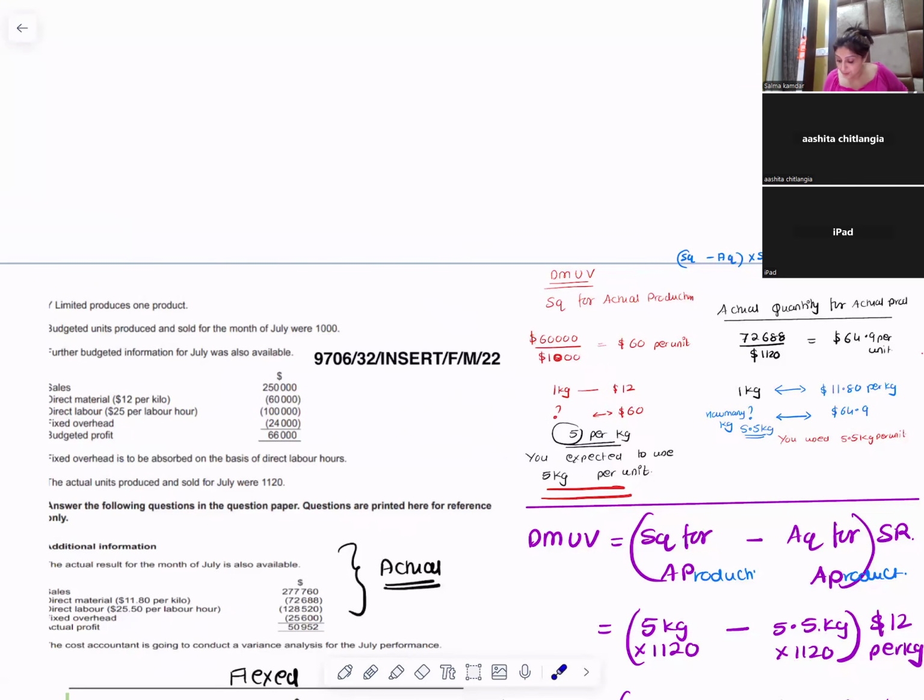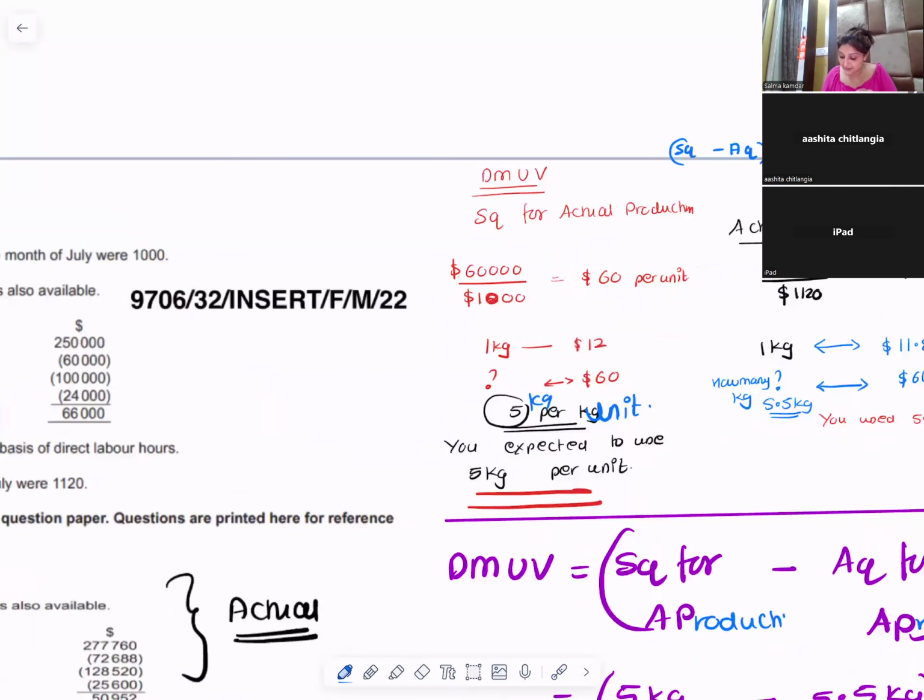Cross multiply, and you expected to use 5 kg per unit. So your standard quantity was 5 kg per unit.